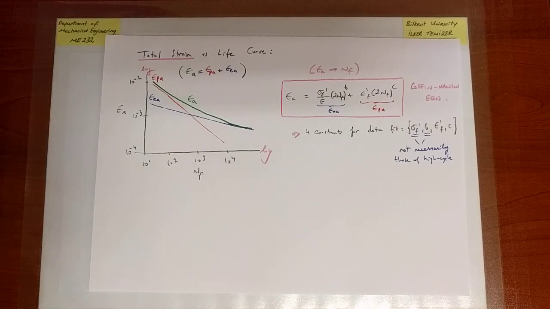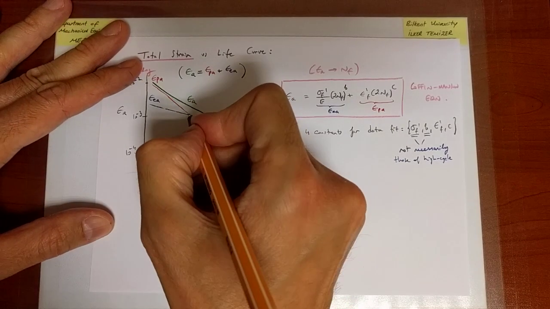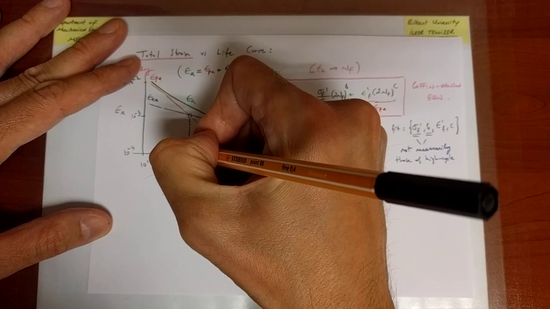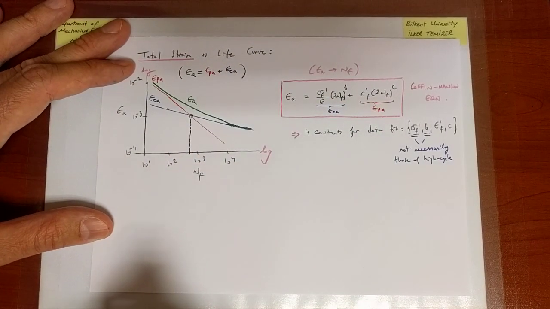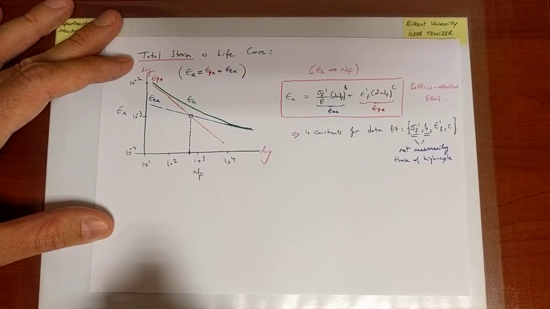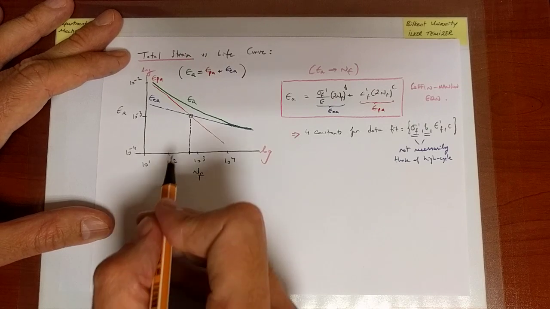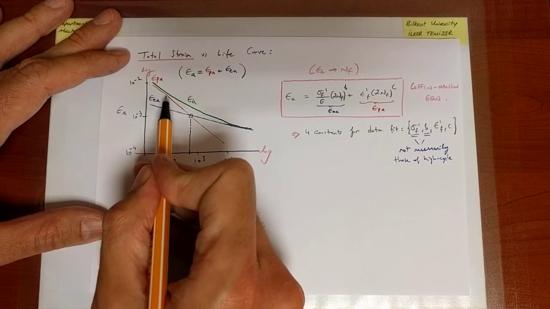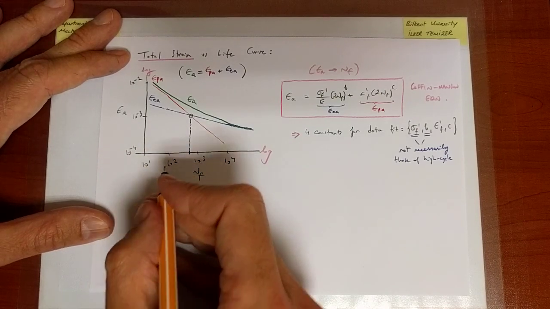Right? Now there is one more remark that we would like to make regarding low cycle versus high cycle. You see that there is a very particular point here where the elastic and plastic strain amplitudes are of the same value. There is a certain life at which the total strain has equal plastic and elastic contributions.